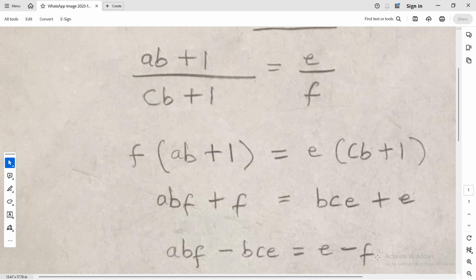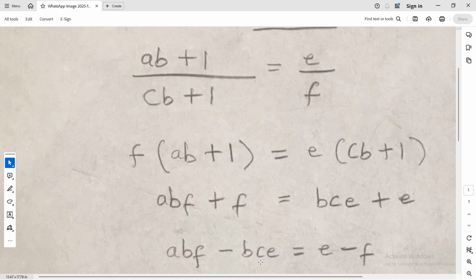So that's how come we have our new equation to be ABF minus BCE equals E minus F, right?